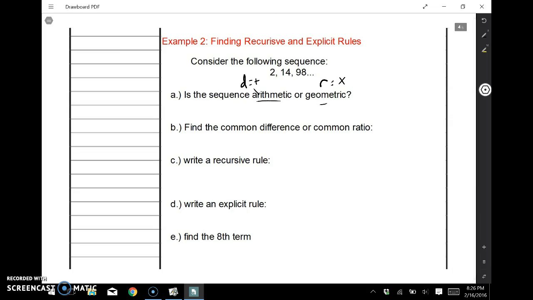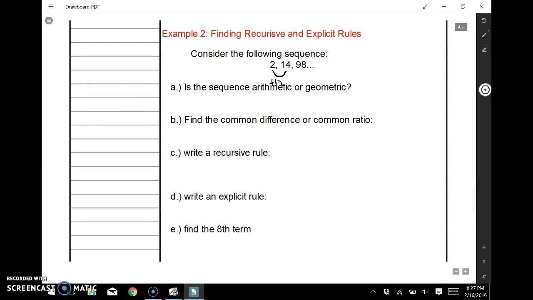Okay, so if that is typically plus 12, 14 plus 12 should be 26. So right away, this arithmetic does not work. So it has to be geometric. So in order to find r, I just take the second term, or whatever term is after the previous one.